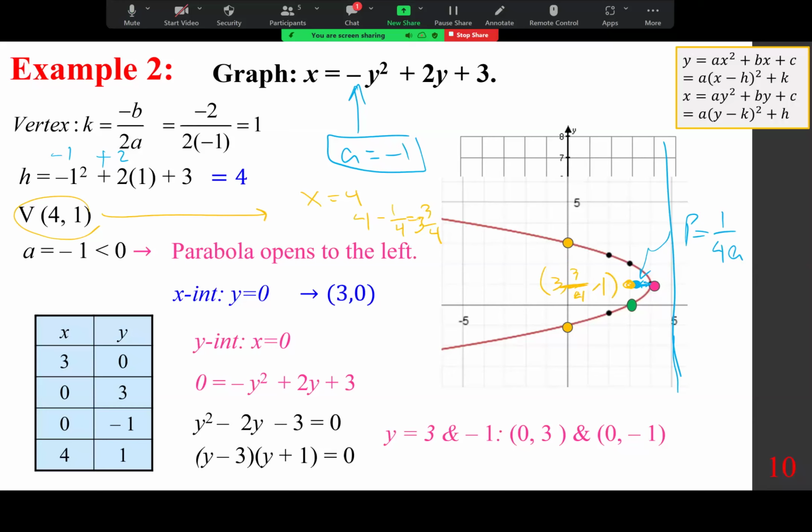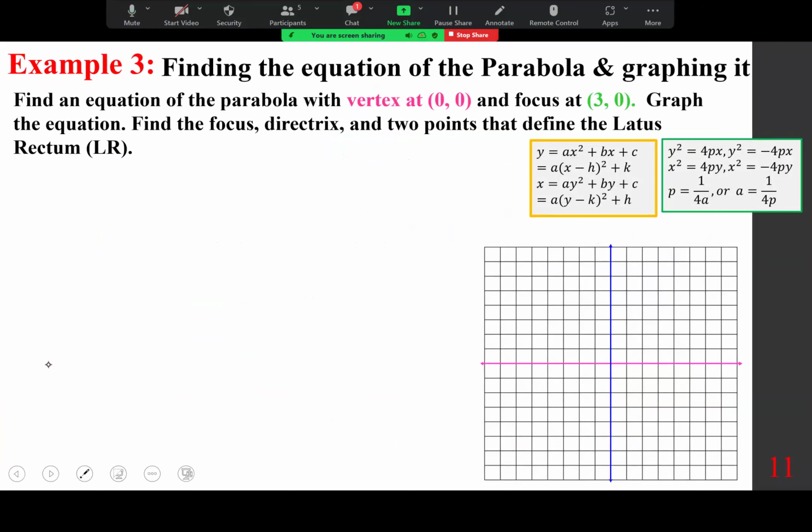And if I add 1/4, I get this equation for the directrix, just in case. All right, let's move on.